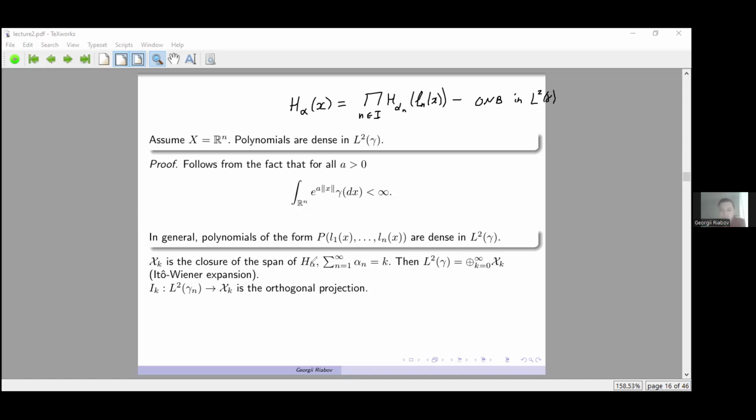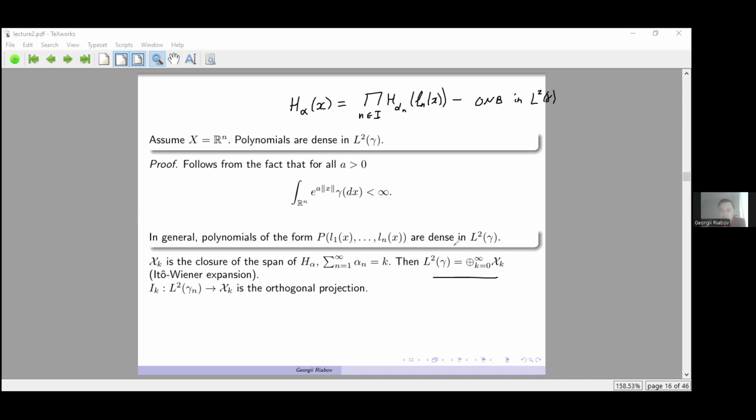Then, since they form an orthonormal basis, the space L2 gamma is now represented as an orthogonal sum of spaces X_k, when k ranges from 0 to infinity. And this representation is actually called the Ito-Wiener expansion.